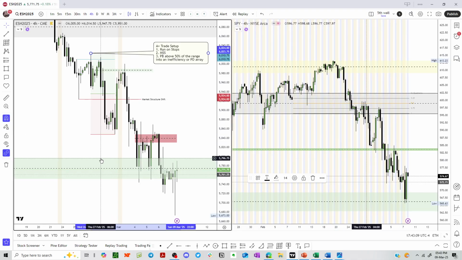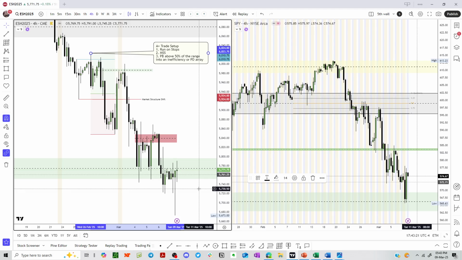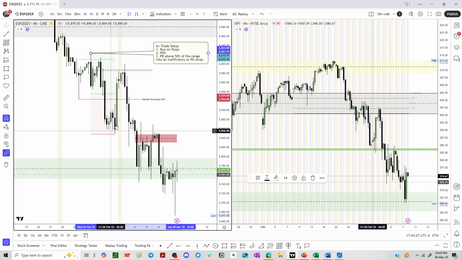So let's say, oh, it traded into a weekly level. I only want to deal with weekly levels. This is the previous week's low. That is a retest. Retest that low into this mitigation block that's violated.